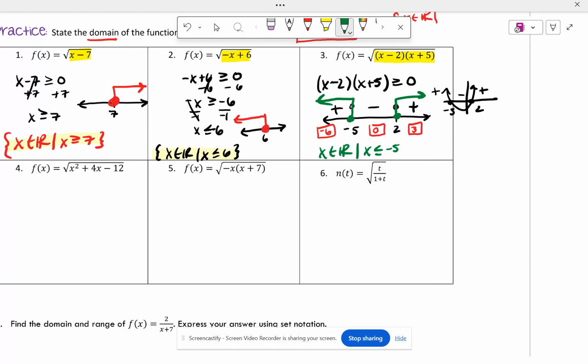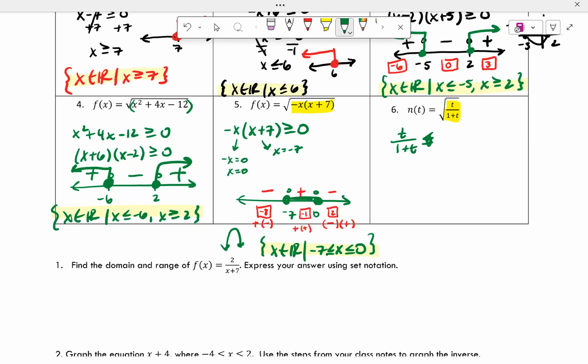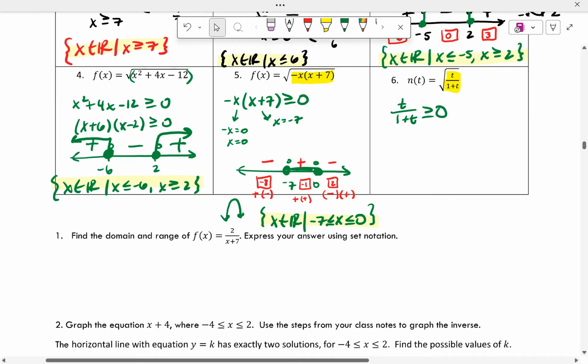For this one, I would take the piece under the radical and set up my inequality. I need it to be greater than or equal to 0. So what would make this 0?